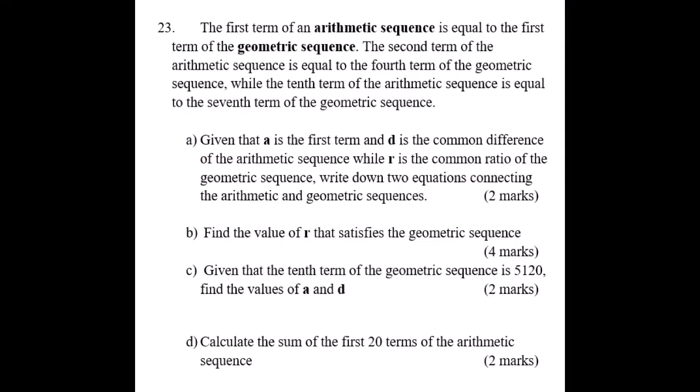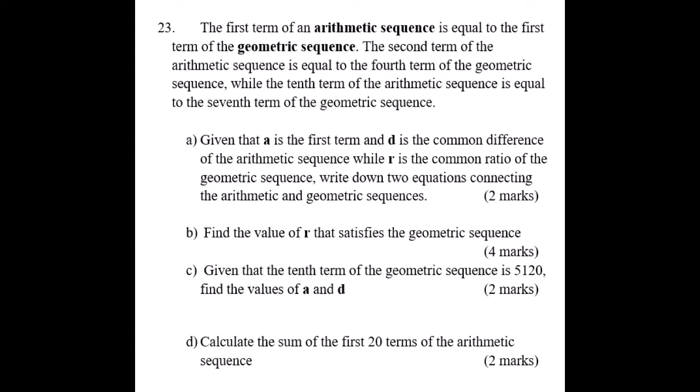Question 23, it's a question on sequence and series, and you're given that the first term of an arithmetic sequence and a geometric sequence are equal. But you're told that the second term of the arithmetic sequence is equal to the fourth term of the geometric sequence, while the 10th term of the arithmetic sequence is equal to the 7th term of the geometric sequence.